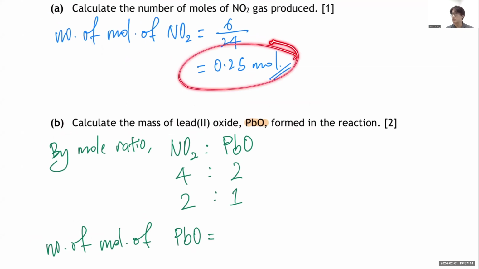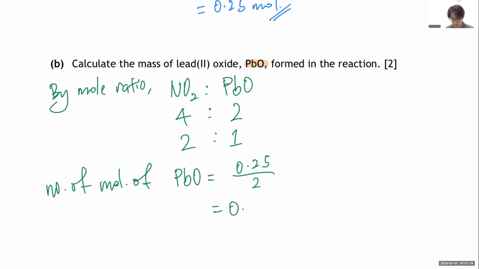So if NO2 is 0.25, 0.25 is 2. What is 1? Very good. Do not forget our units. Is this what the question is asking for? The question is asking for mass.